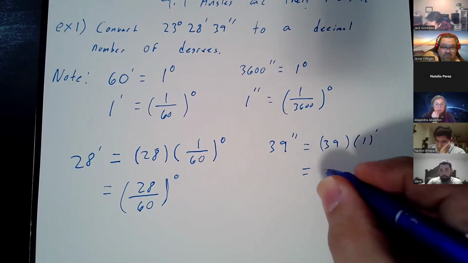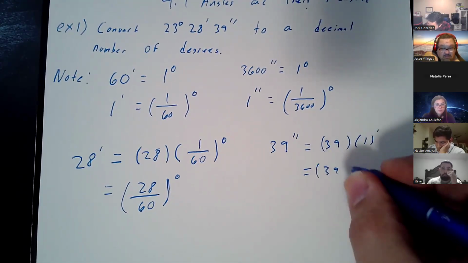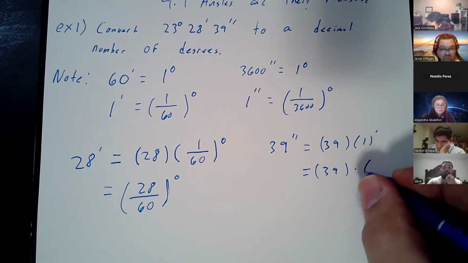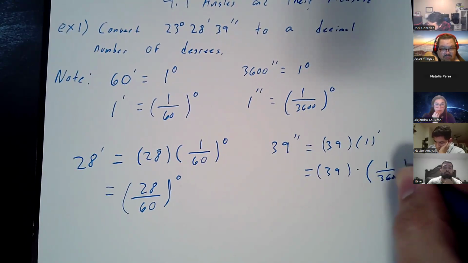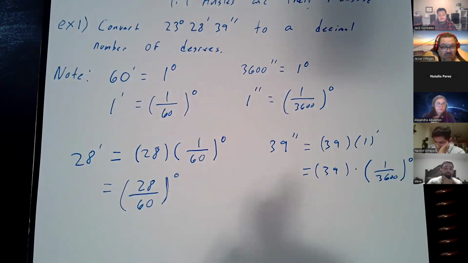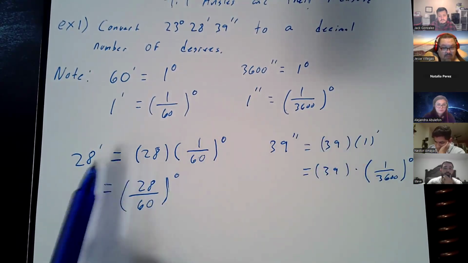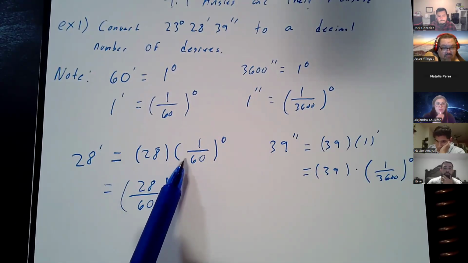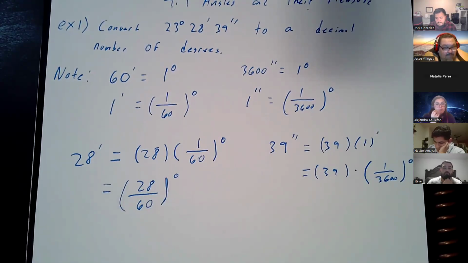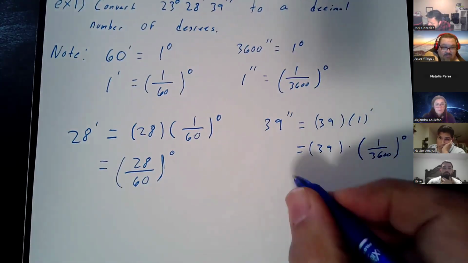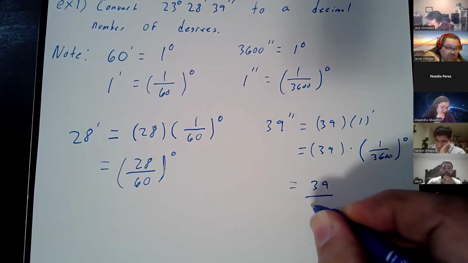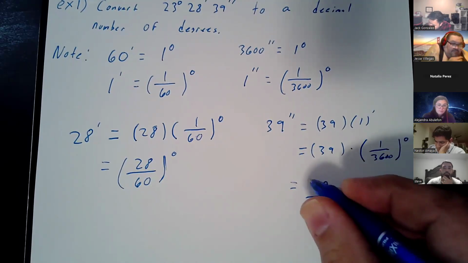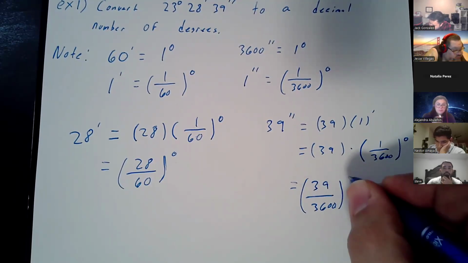Which is the same as 39 times 1 over 3,600 degrees. So I skipped this little piece right here. I went straight to there. You see what I mean? Because at this point, we're in degrees already. We've pretty much done everything they wanted. We just have to make it pretty. So this is in degrees now.